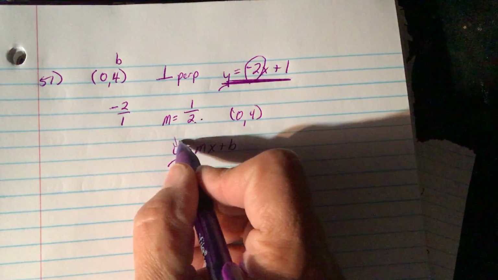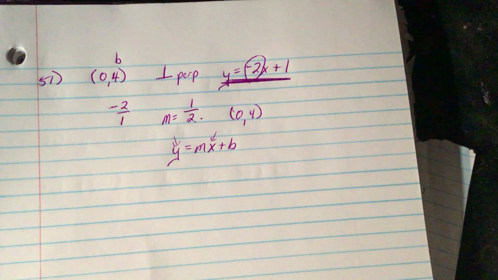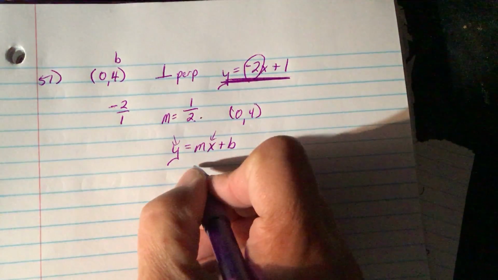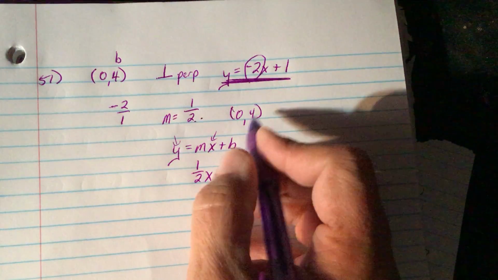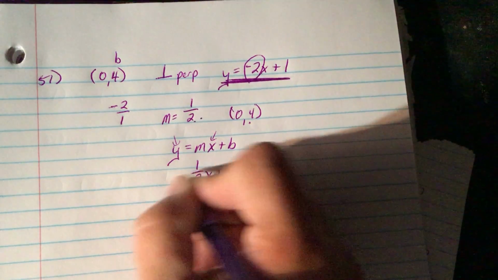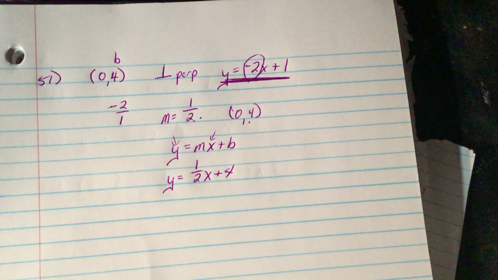We don't change the y or the x because it has to be part of the equation. But we do know the m. It's now 1/2. And the b is the 4. So my equation is y equals 1/2 x plus 4.